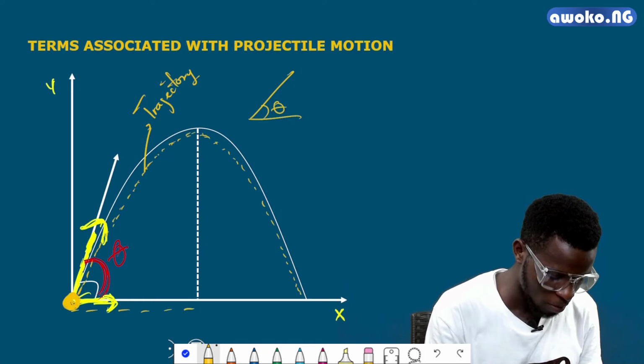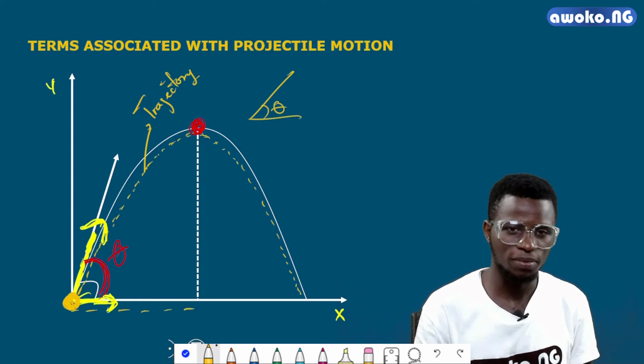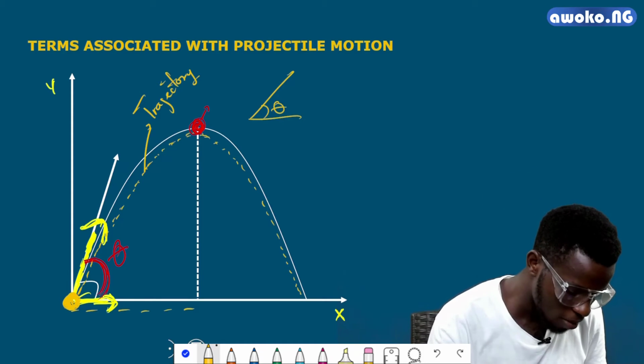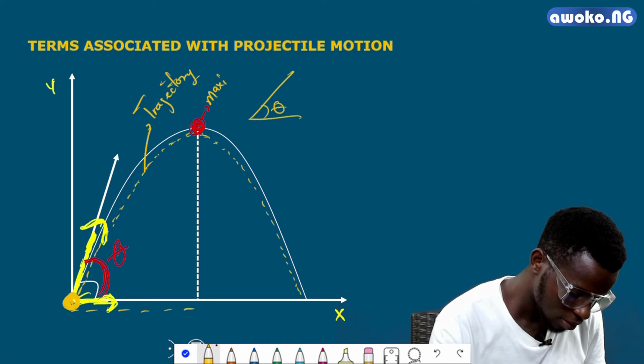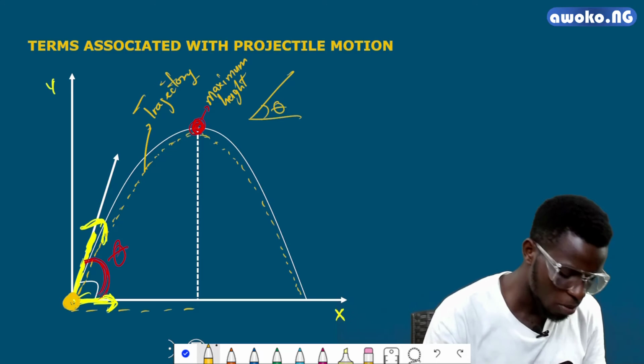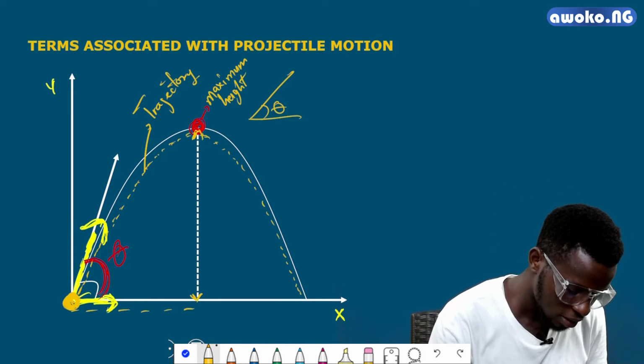Where is the maximum height? Of course, this height is the maximum height, and it is described by this horizontal dotted line.